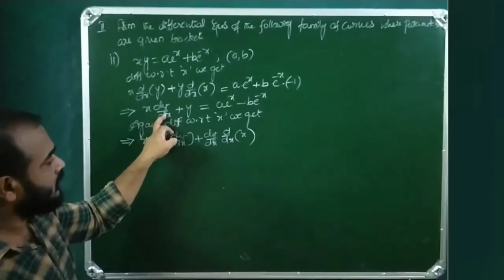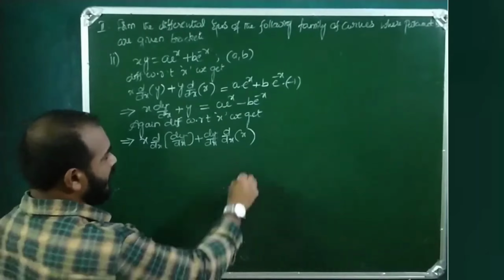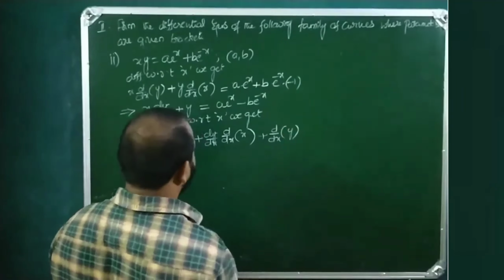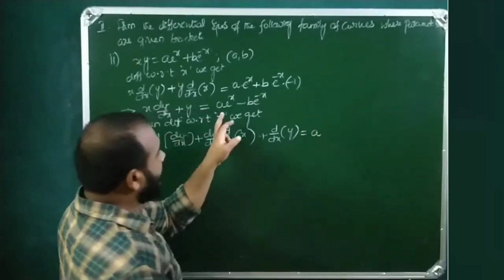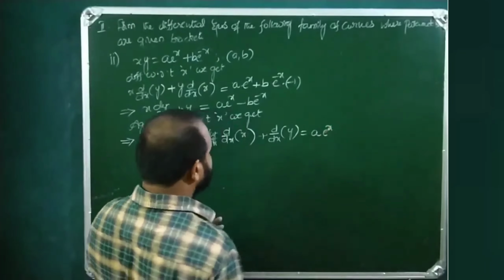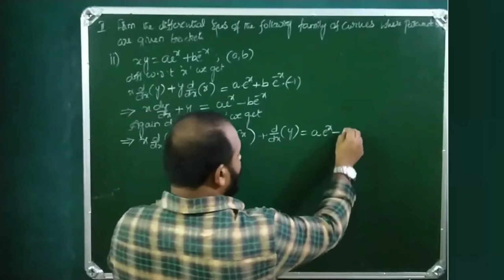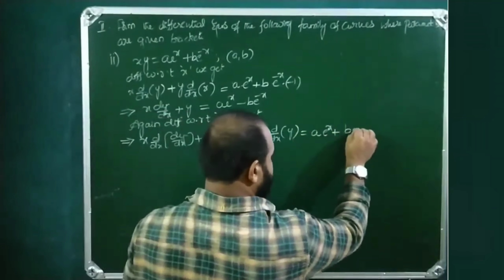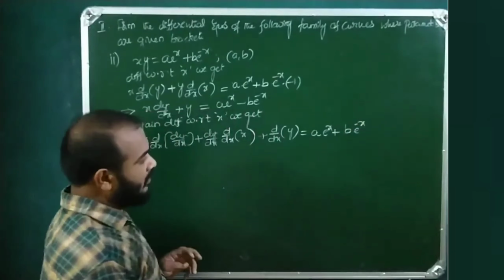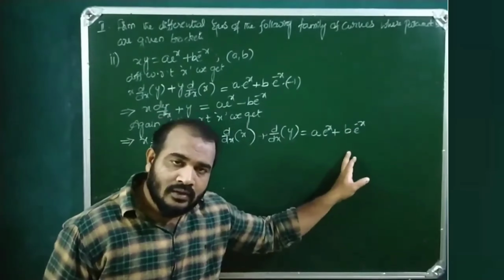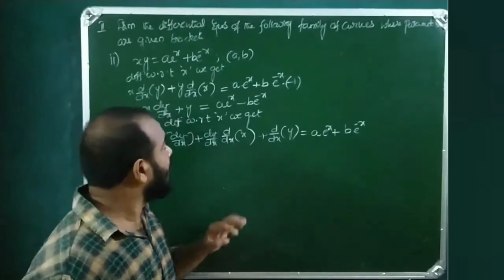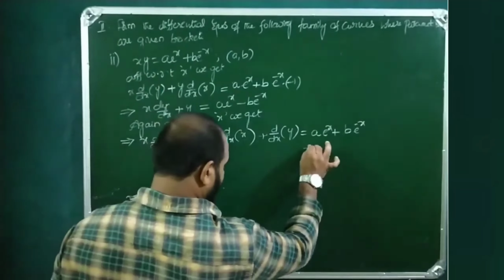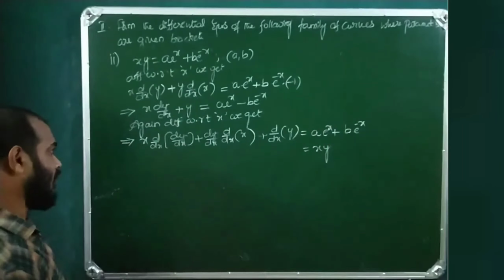So uv' plus vu' plus d/dx of y is equal to a into d/dx of e^x minus b into d/dx of e^-x, minus e^-x. Minus of minus is plus. But a, b get eliminated. But what is a e^x + b e^-x? xy. So can we replace this with xy?